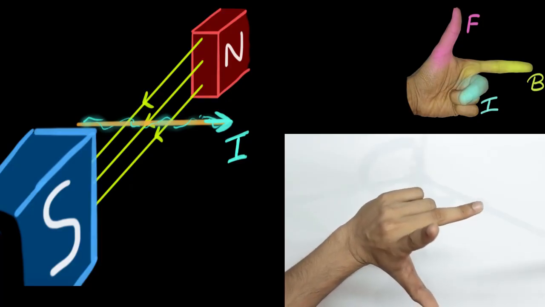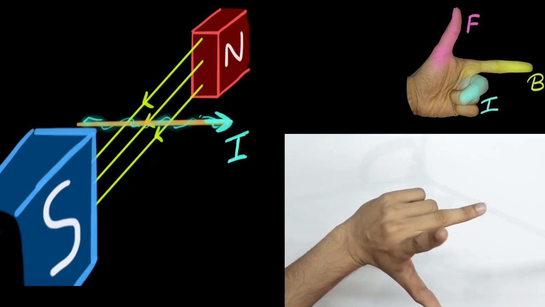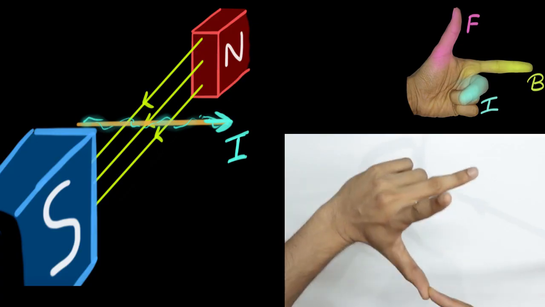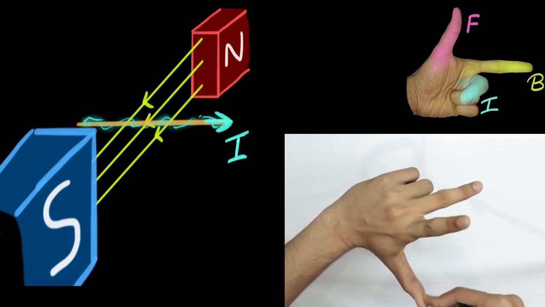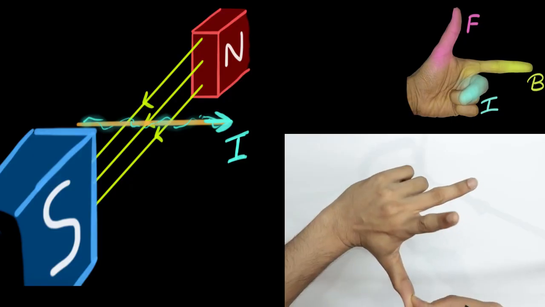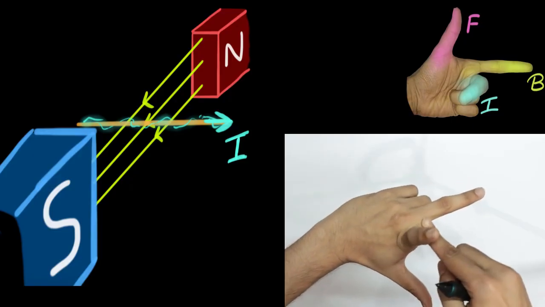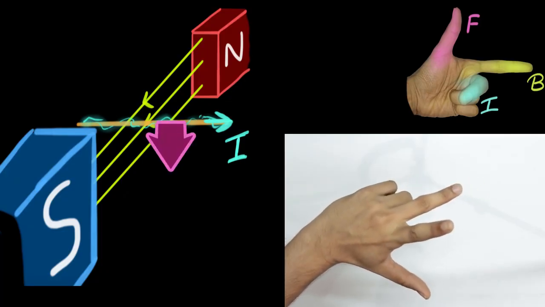Current is to the right, like this. I'm finding it a little hard to move my hands. And the thumb will give us the direction of the force. So the thumb, as you can see, is pointing downwards, like this, in this direction. And so the force acting on the wire is downwards.